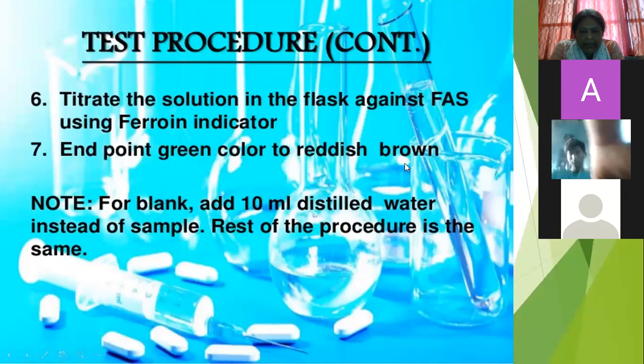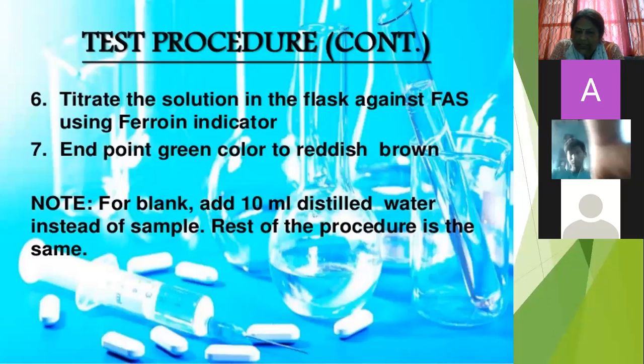now take the same volume of distilled water instead of sewage water. First 25 ml of sewage water was taken; in the next titration, do not take the wastewater, take only distilled water. If you have taken 10 ml of wastewater, then take 10 ml of distilled water. If you have taken 25 ml of wastewater, take 25 ml of distilled water.